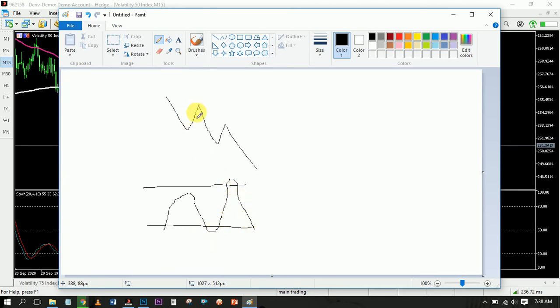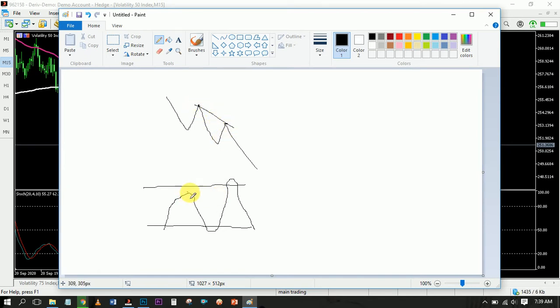These are the corresponding levels here, here, and here. You realize that this has an extreme level here and this extreme level. When you connect them, you can see it's pointing downwards, which shows that it's moving downwards.